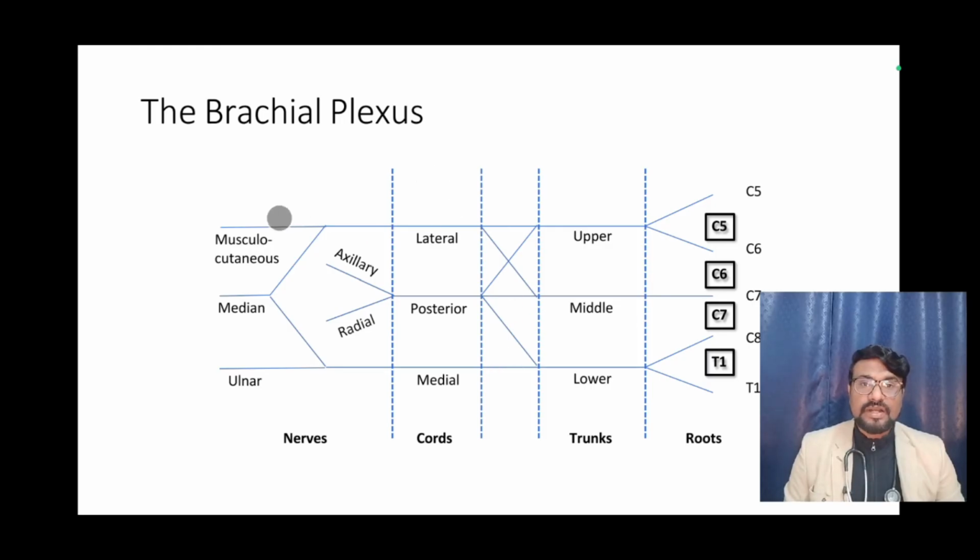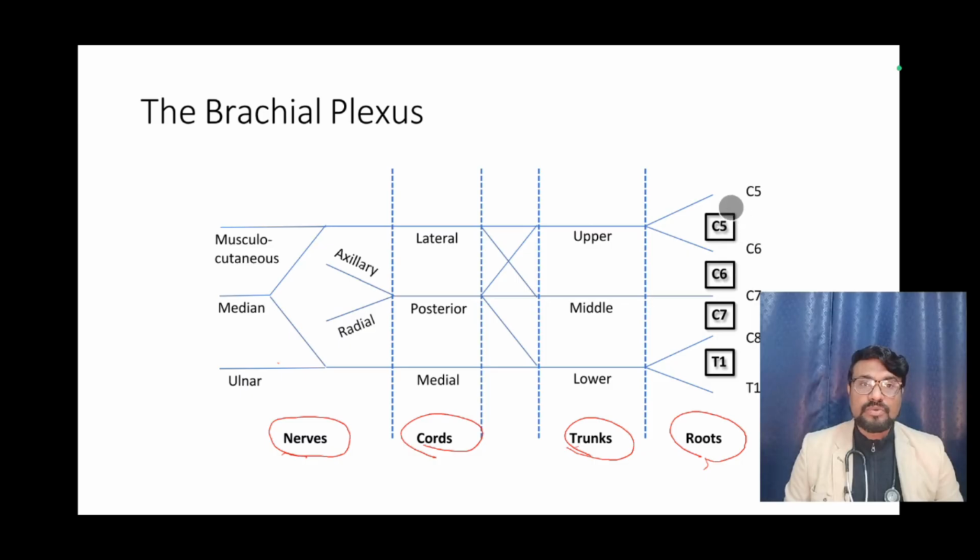These are the different nerves. These are the ulnar nerve, median nerve, musculocutaneous nerve. These are the axillary and radial nerves. This is the root, trunk, cord and nerves. Roots include C5, C6, C7, C8 and T1.